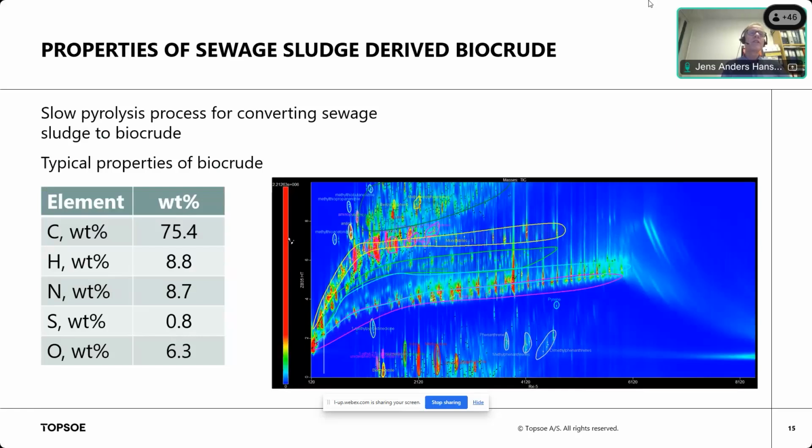You can see which of these components are being removed and what you are forming. This is a presentation in itself, so I will skip that, but this is what we do when we follow the fate of these molecules. We use GC×GC a lot, and we have a collaboration with the University of Copenhagen, and we have recently issued papers about how to characterize sewage sludge and also products from sewage sludge in molecular detail.